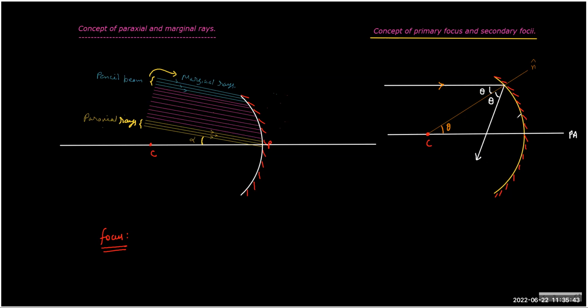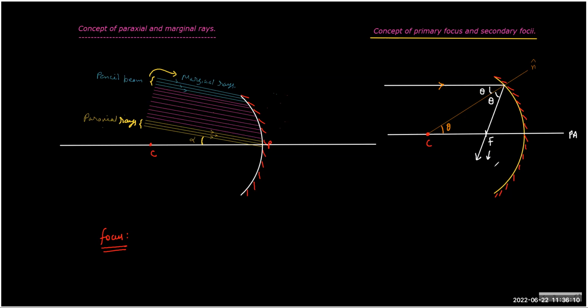Now, by definition, wherever the parallel beam after reflection intersects the principal axis, this is called the primary focus. Why am I saying primary focus? Because the beam is not just parallel, it is parallel to the principal axis.